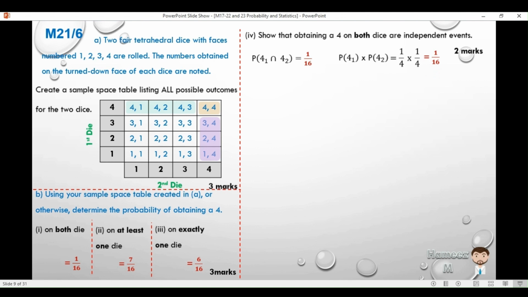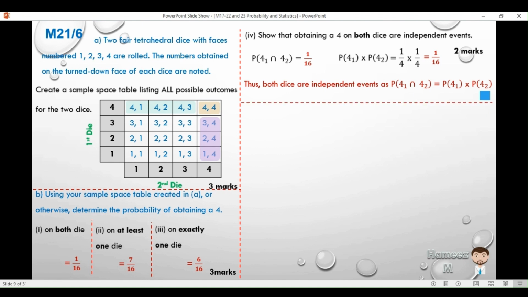So what does that tell us? It tells us that both dice are independent events because the probability of 4 1 intersect 4 2 is equal to the probability of 4 1 times the probability of 4 2. So we can bring up a small rectangle or write QED to show that we have proven it.